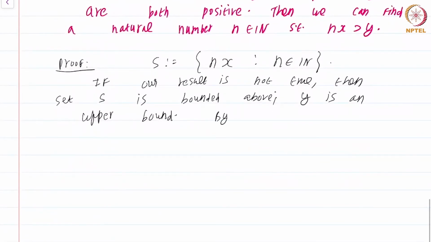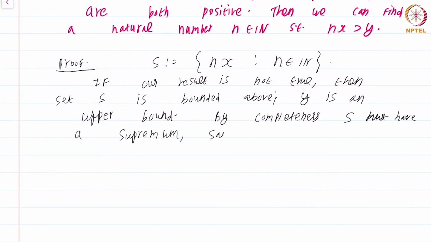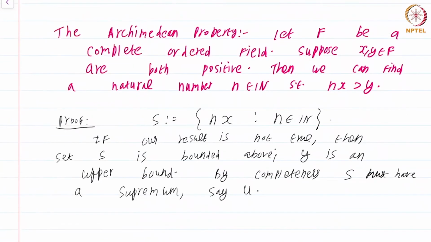Okay. By completeness, S must have a supremum. Say small s. Okay. Or rather, let's just, instead of confusing with too many s's, let's just say small u.